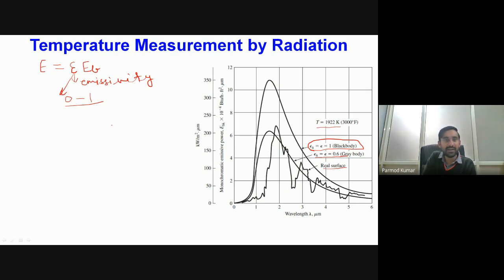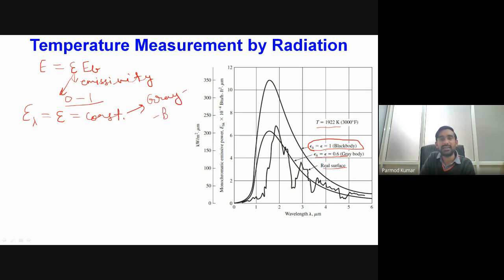So when we consider that emissivity at each and every wavelength is nothing but epsilon, a constant value corresponding to the surface characteristics, we refer to that surface as a gray body.